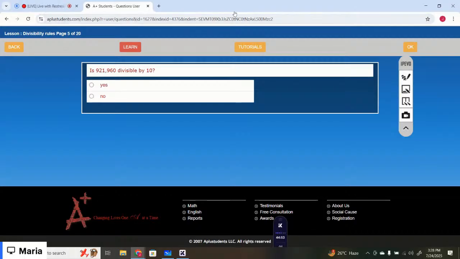The correct option is yes, it is divisible by 10. Option 1 is the correct option.